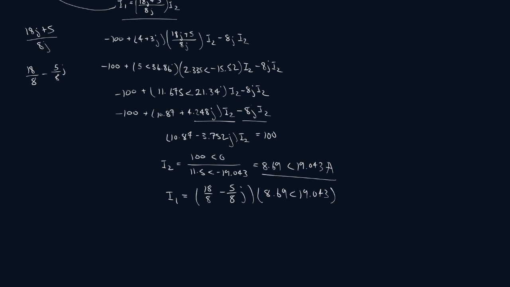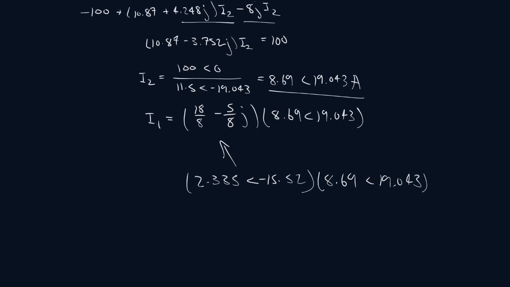And recall the phasor for this was this right here. So 2.335 phasor minus 15.52 times 8.69 phasor 19.043, multiplying the two values, that's 20.3, and adding the phasors, that's 3.5 amps. So these are your answers.